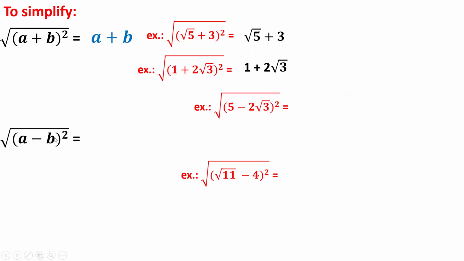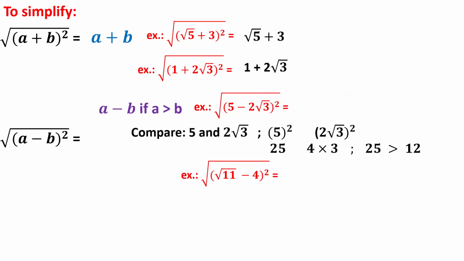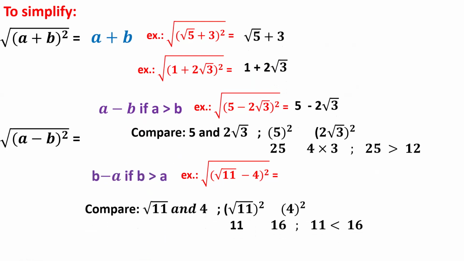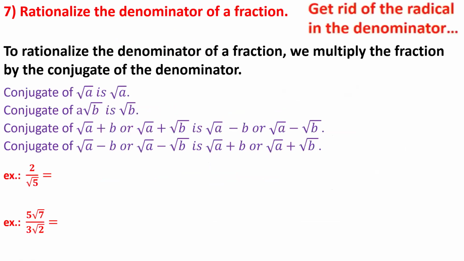A should be greater than b to say the square cancels the radical. So if A is greater than B, directly the square cancels the radical and you get it outside. But if A is less than B, we should change the places. So after we compare, we change the places, then it comes out as radical 11 minus 4.